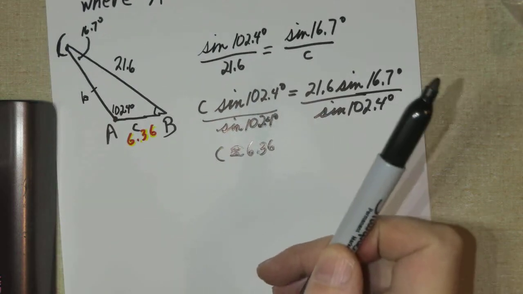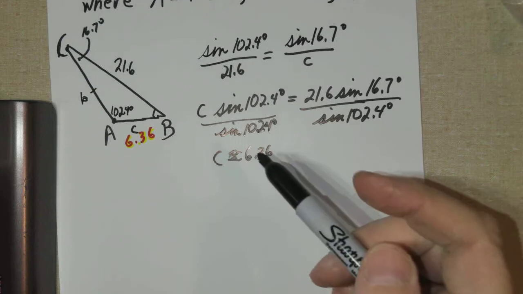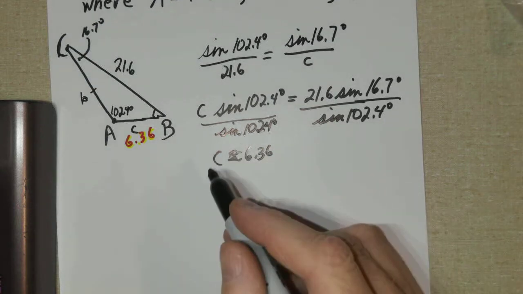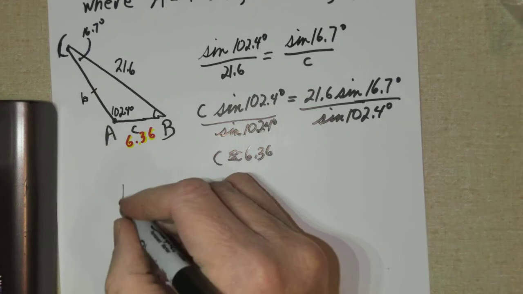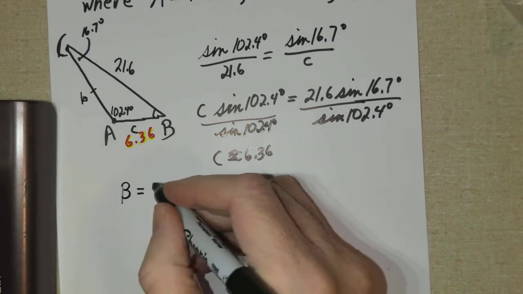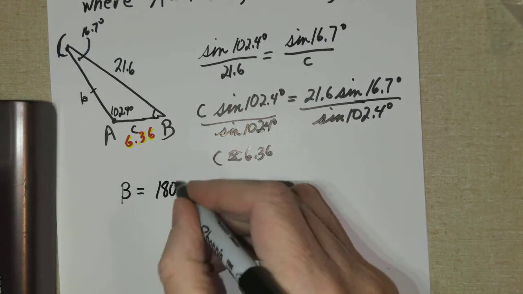And the next thing I'm going to go after is angle B. Well, angle B is pretty easy to get because the 3 angles in a triangle add up to 180 degrees.